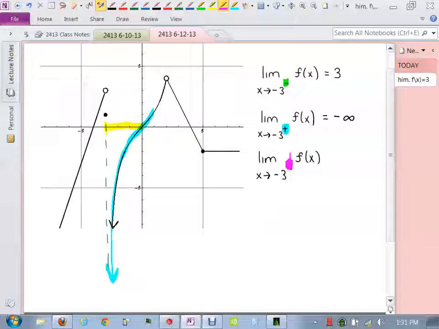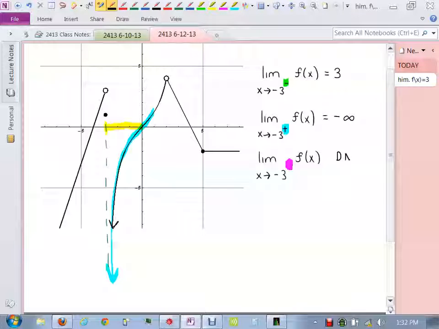You have to come in from the left and the right. And the only way you can actually put an answer here is if where you're headed as you come in from the left is exactly the same as where you're headed as you come in from the right. When we come in from the left, what did we say the answer was? 3. And when we come in from the right, it's -infinity. Those two are not the same. Therefore, what do we write?